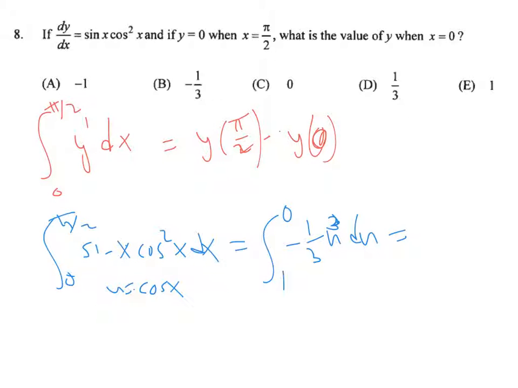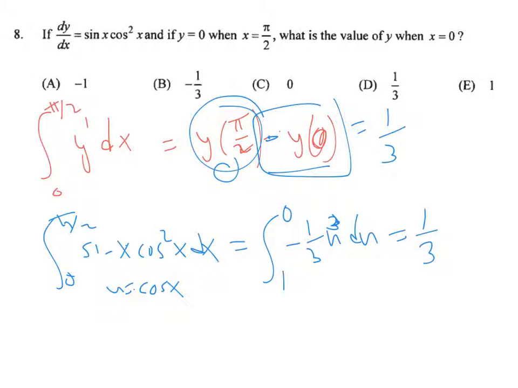When you do this all out, you're going to get 1/3. So this is equal to 1/3, but we also know that this part here is 0, so negative y of 0 is equal to 1/3, so y of 0 must be negative 1/3.